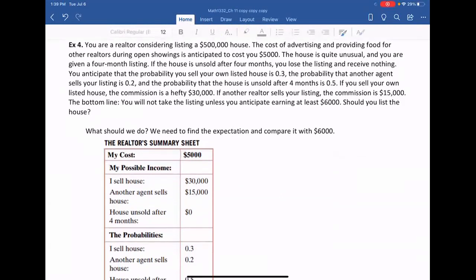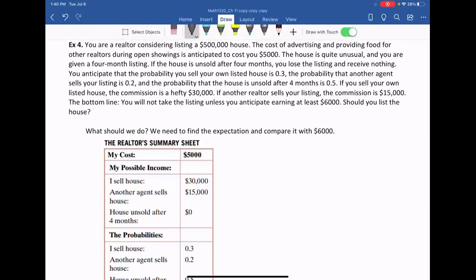In this problem, the question is asking you the expected value the realtor can make if the realtor sells the house, and to compare the expected value with 6,000. If more than 6,000, the realtor will list the house on the market. If less than 6,000, the realtor won't list the house. Let's see how to find the expected value.